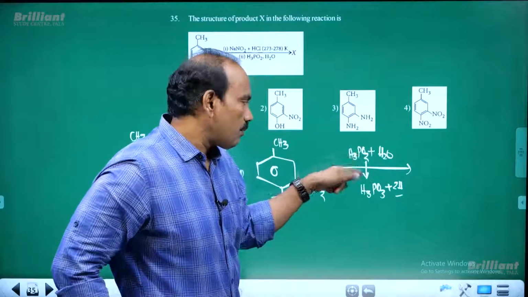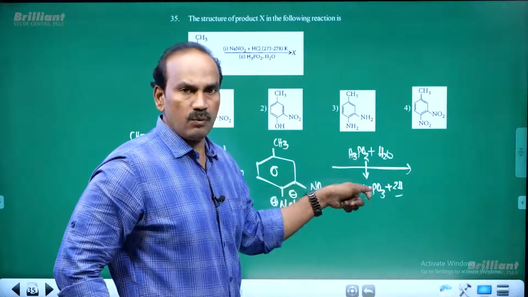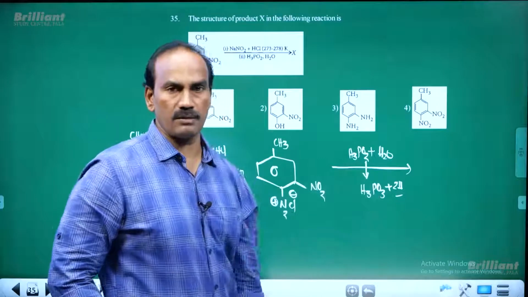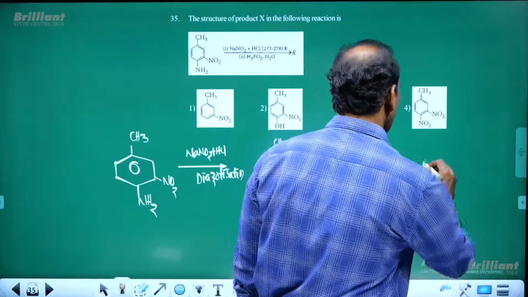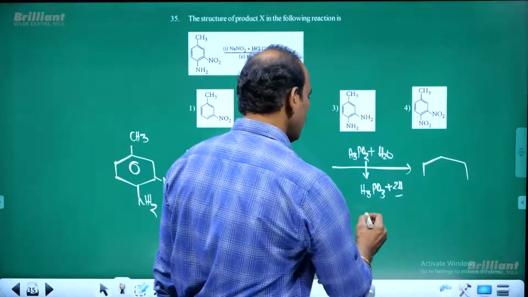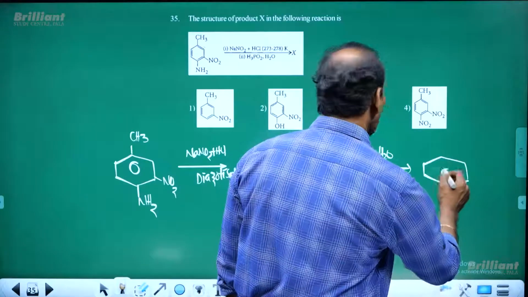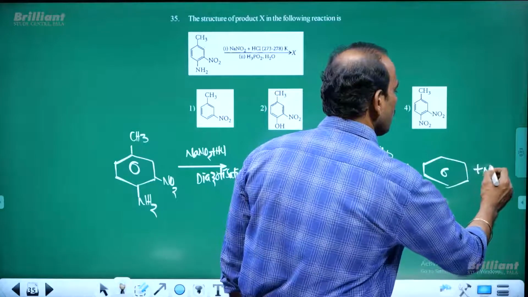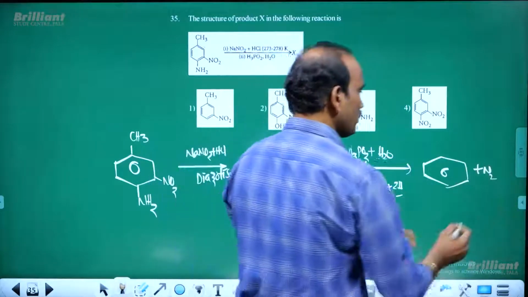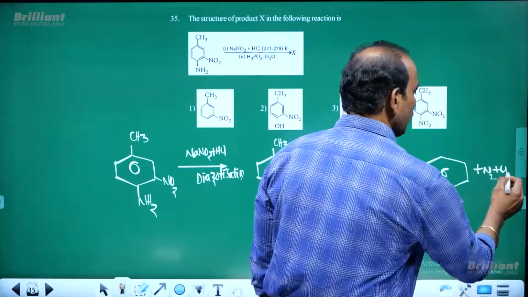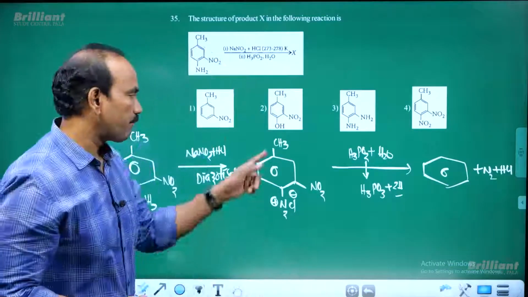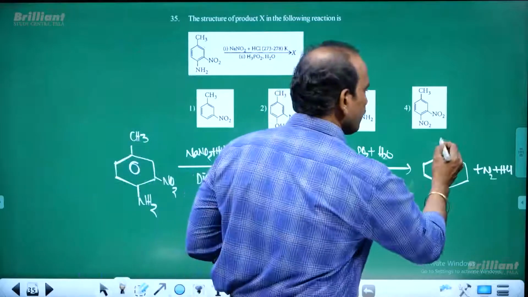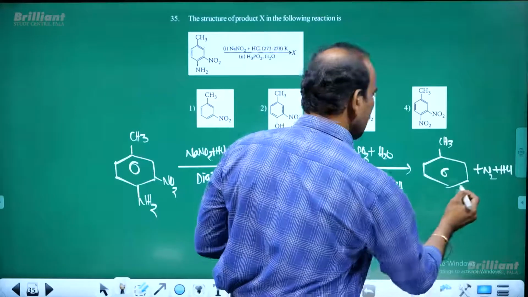What is the byproduct? So, in this one, out of 2 hydrogen, N2 is removed, next hydrogen and Cl, HCl, remaining is, here CH3 is there, here NO2.